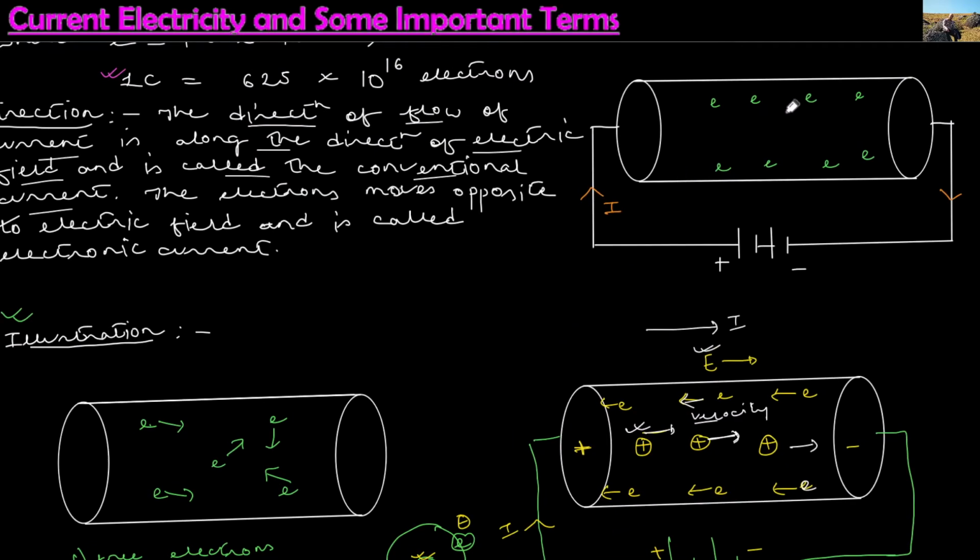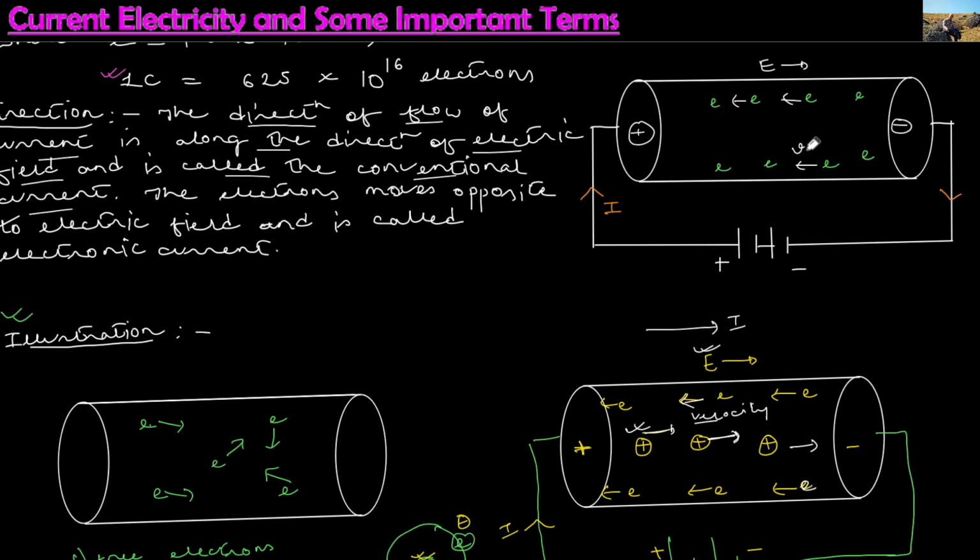we know that when these electrons are moving, they are sure to collide with the individual atoms, or the neighboring atoms. When these electrons are moving under the influence of the electric field, they will have some velocity.